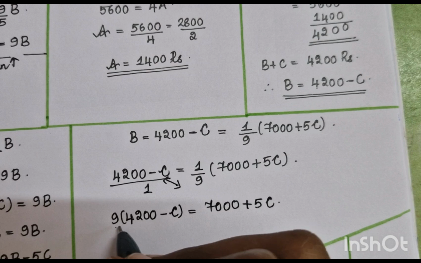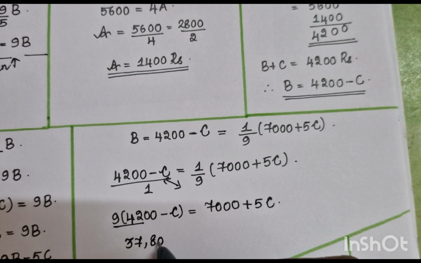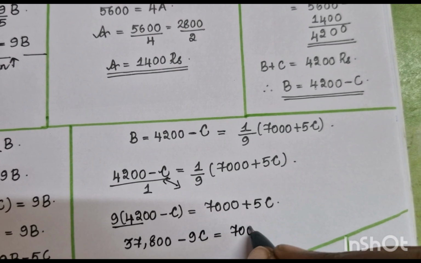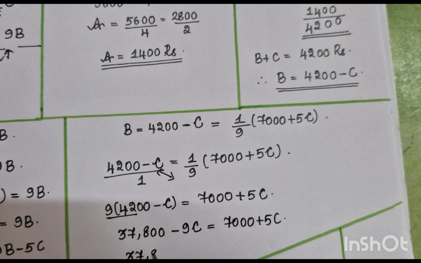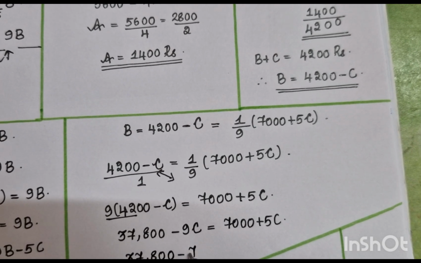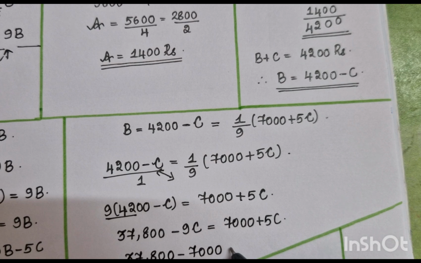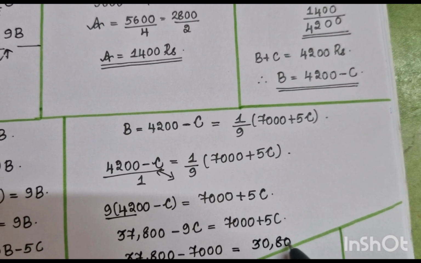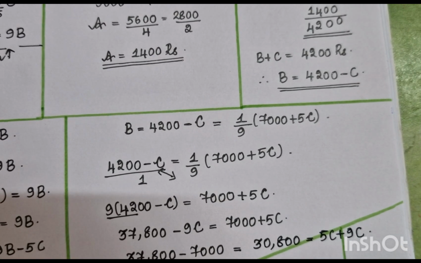9 into 42, simple. 37,800 minus 9C is equal to 7,000 plus 5C. 37,800 minus 7,000 is equal to 30,800, which is equal to 5C plus 9C.